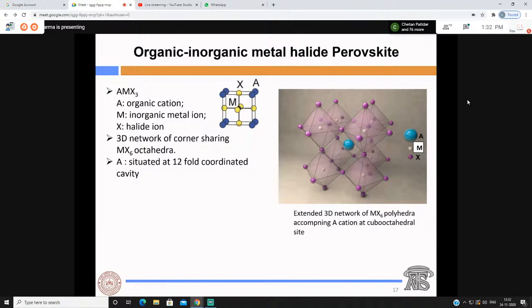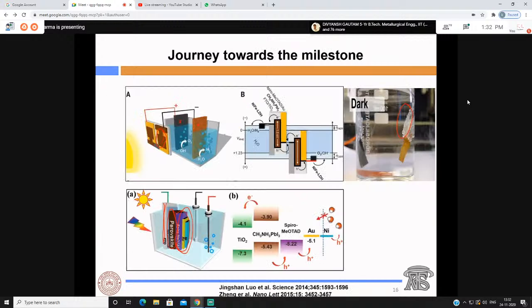Okay, so in the previous slide, what we saw is that the perovskite materials are being utilized because of their high efficiencies. So this has immense potential for application in the photoelectrochemical system.